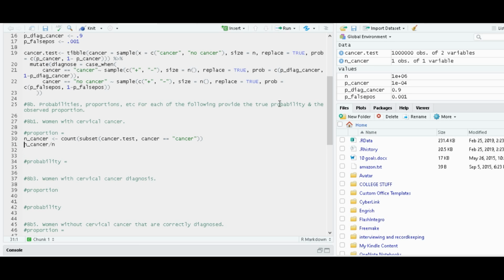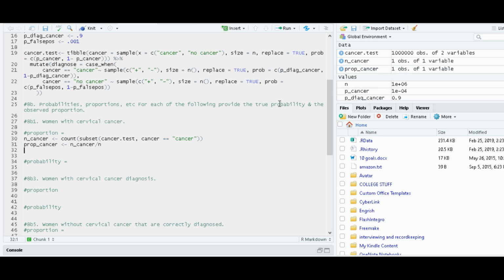And we can call this whatever you want to call it. Prop. Proportion of people with cancer. Something that makes sense, obviously.